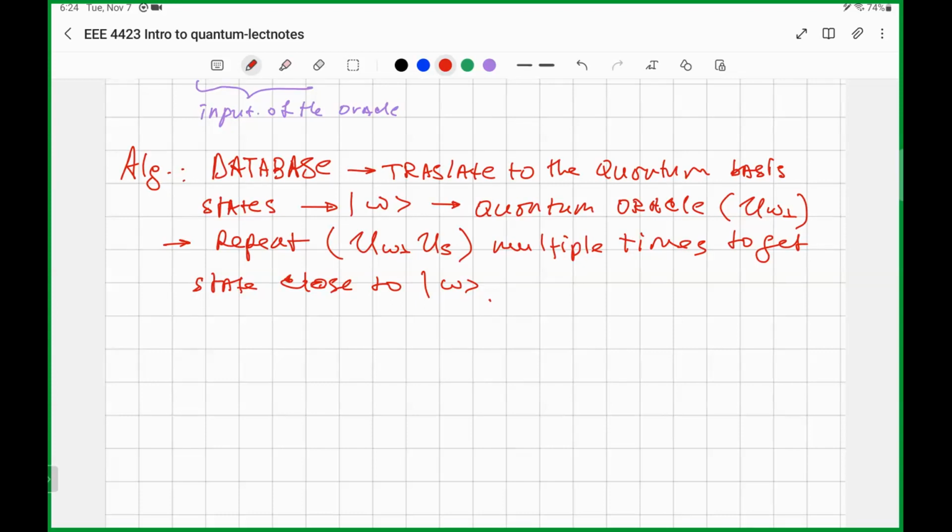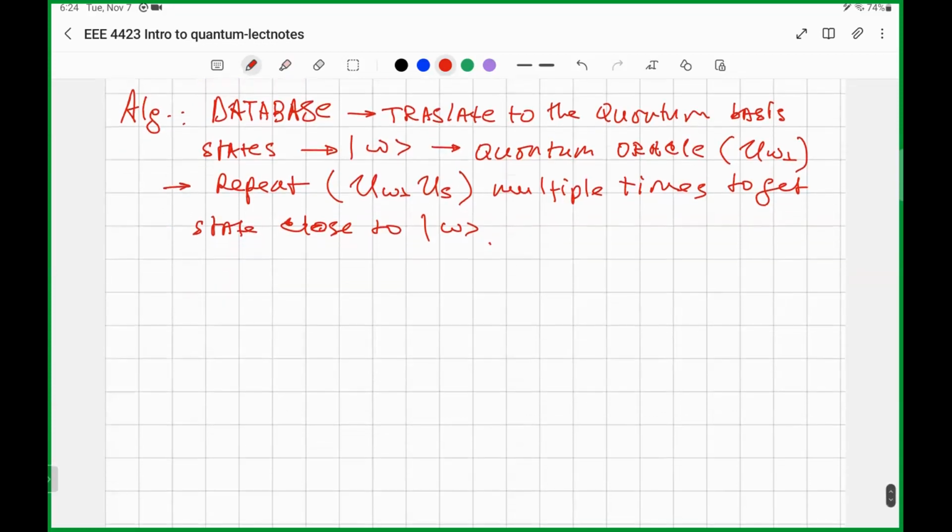So now here's the question: how many times do we need to repeat this operation of oracle and amplifier in order to get to the correct result?